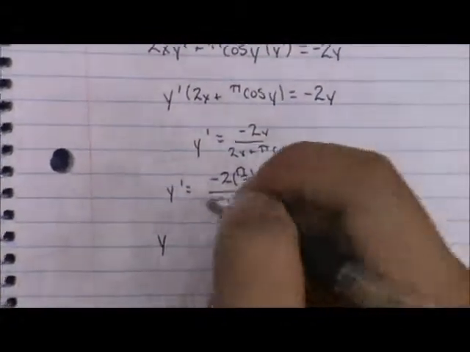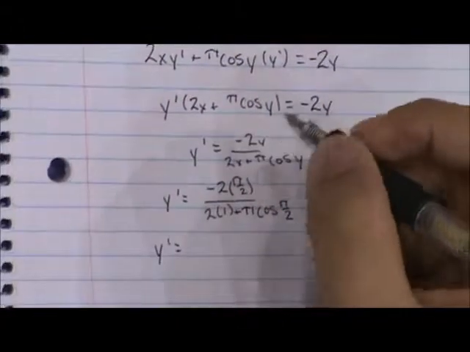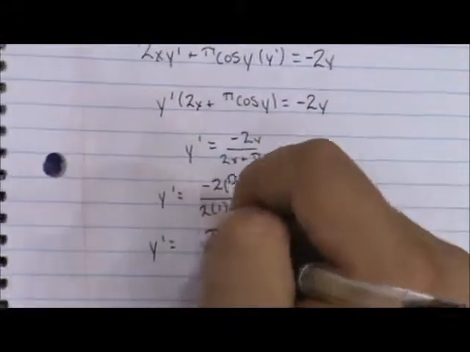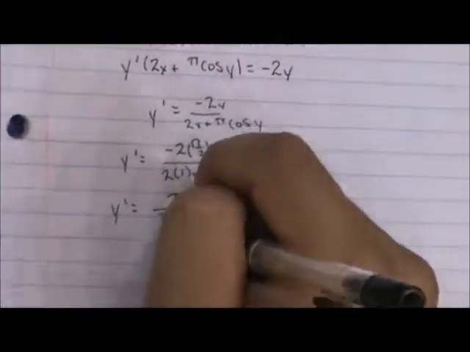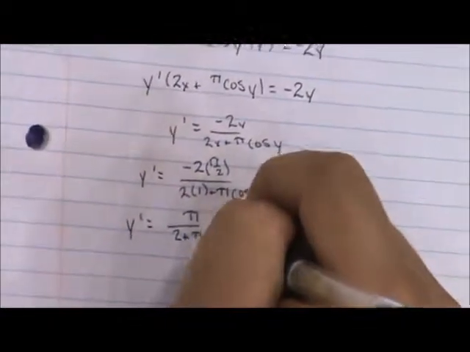Now you have y prime equals also pi over 2 plus pi times 0.